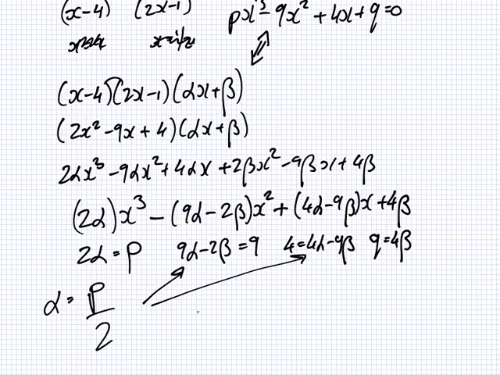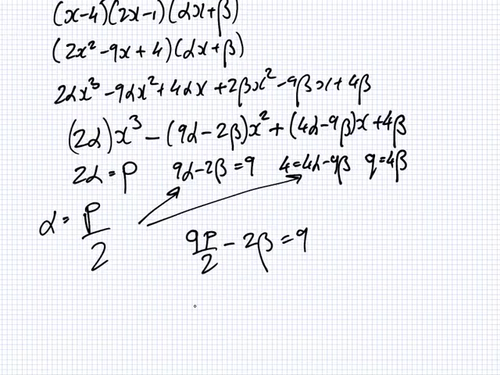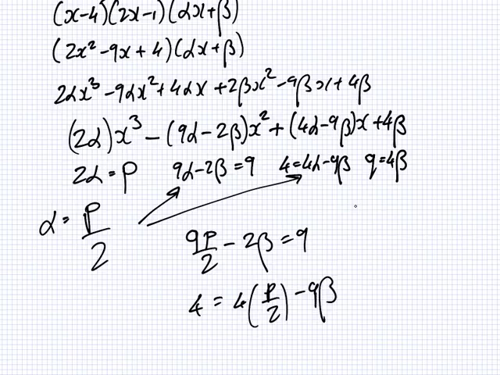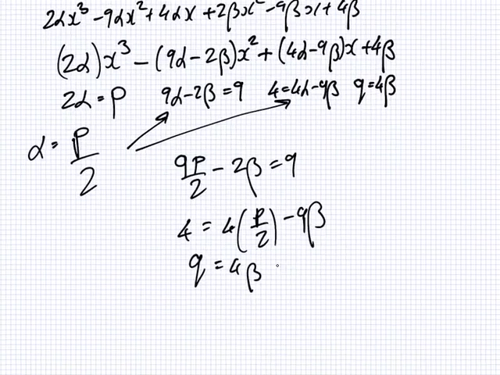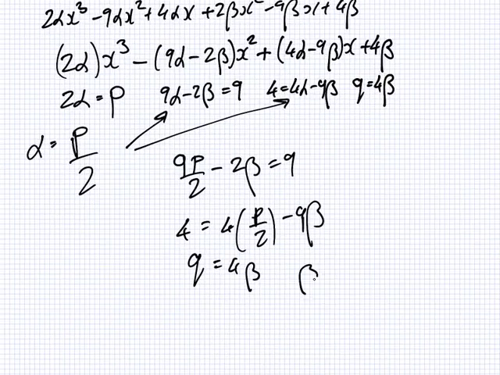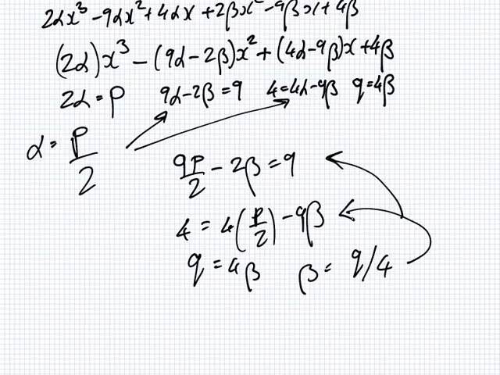So now I get 9p over 2 minus 2 beta equals 9. 4 equals 4p over 2 minus 9 beta. And the third one is unchanged. Q equals 4 beta. But then I can say beta equals Q over 4, and I can put that in here and here. Is that right?